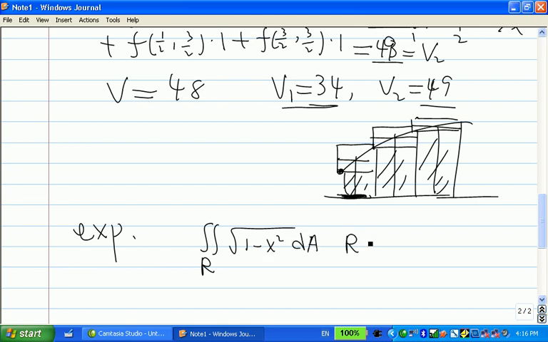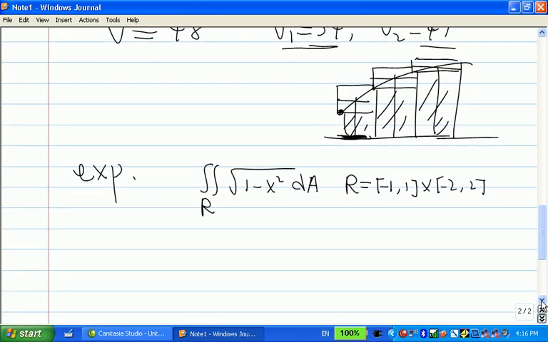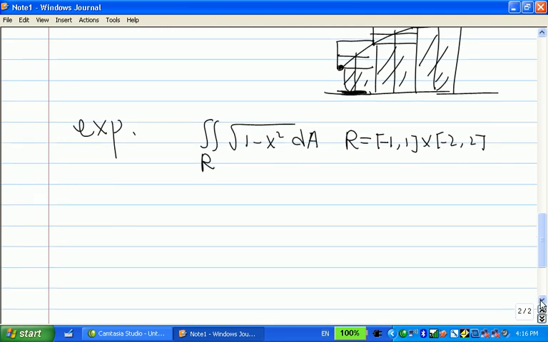My R here is a rectangle. X is between -1 and 1. Y is between -2 and 2. Now, this time we want to find exactly this double integral. We're not asking for approximation.